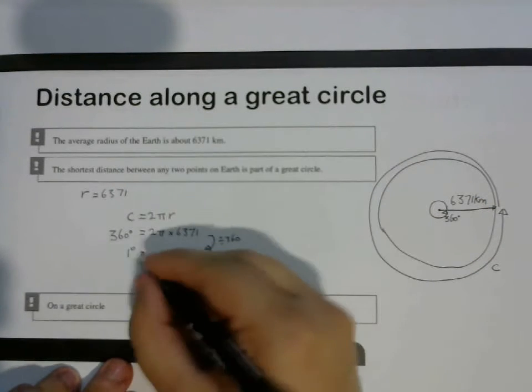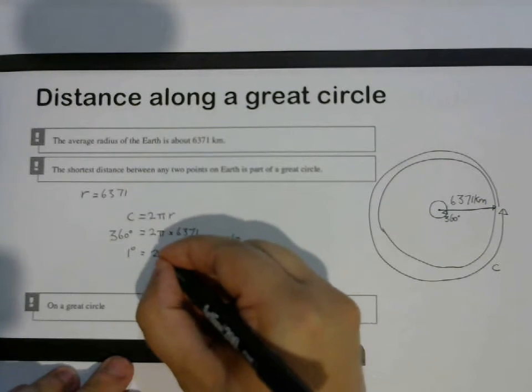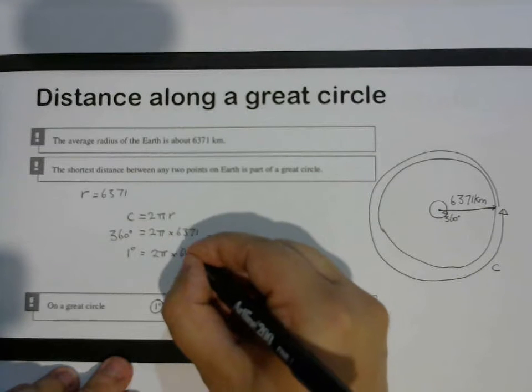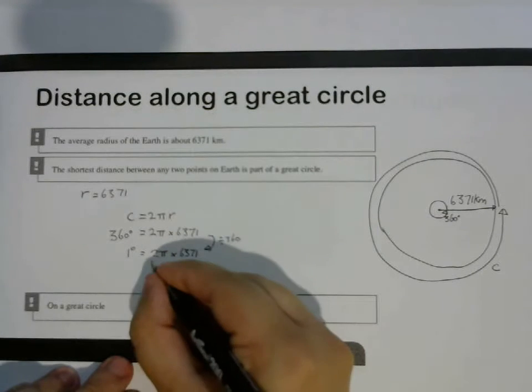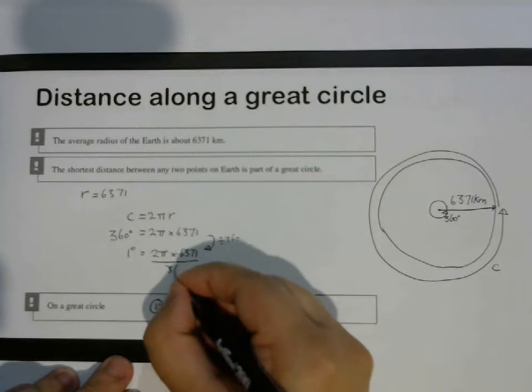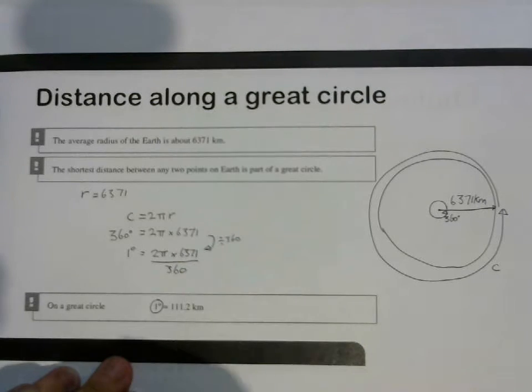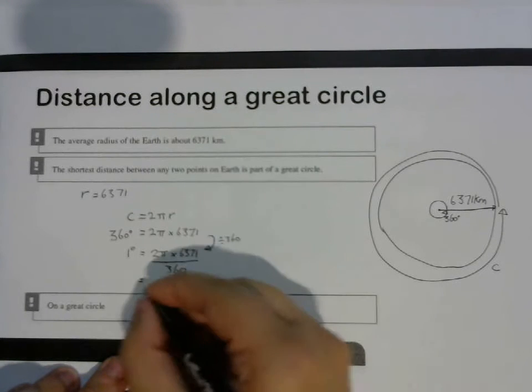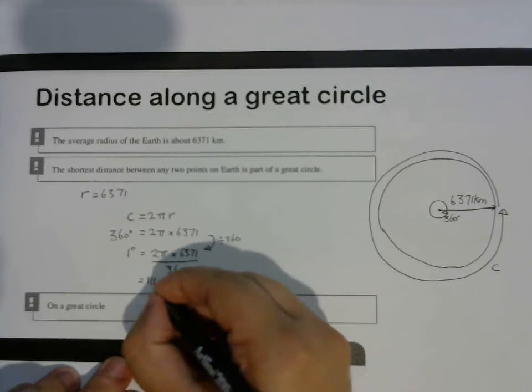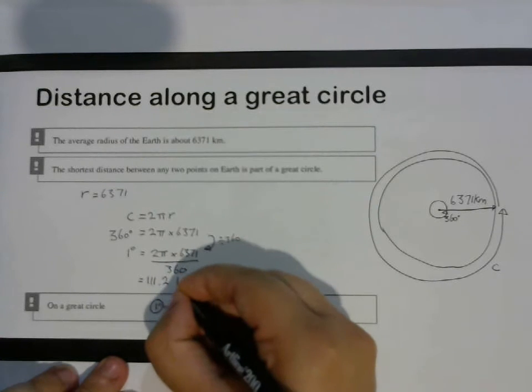So the calculation for 1 degree is 2 pi times 6,371 divided by 360. And when you put it on your calculator, you're going to get approximately 111.2 kilometers.